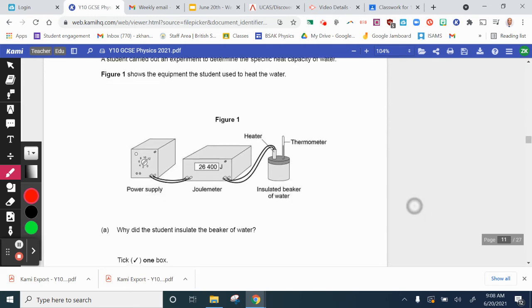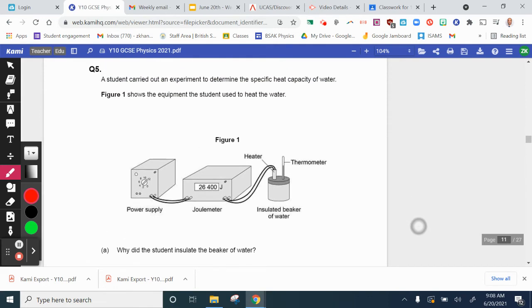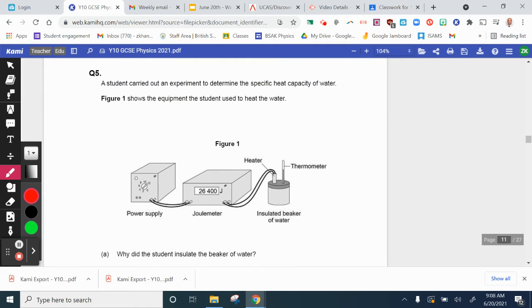Question 5. Why did the student insulate the beaker of water? So what we've got as a setup is a student carried out an experiment to determine the specific heat capacity of water. This is a core practical for AQA. Figure 1 shows the equipment the student uses to heat the water.